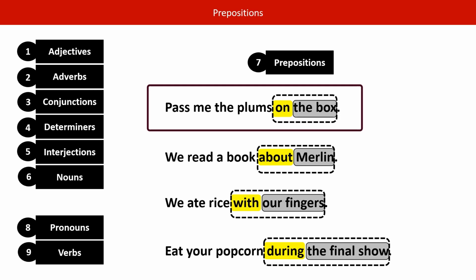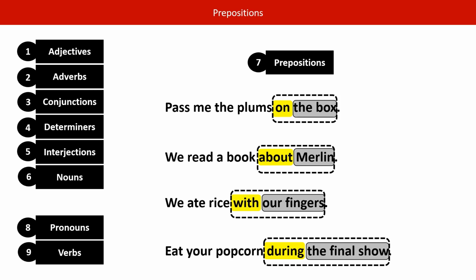But look at this top one. Pass me the plums on the box. So which plums? Well, the plums on the box. Well, on the box is describing the plums. That's like an adjective. So our prepositional phrase is functioning like an adjective. Look at the next one.